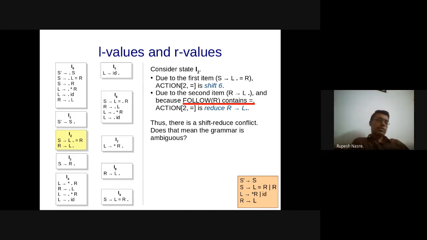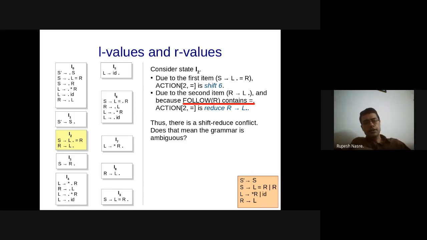So there are two aspects. One is whether the language generated by the grammar is ambiguous or not. We said that the language is ambiguous if there exists no unambiguous grammar corresponding to this language. The particular grammar that you come up with for a particular language could be ambiguous, but there might be another unambiguous grammar.